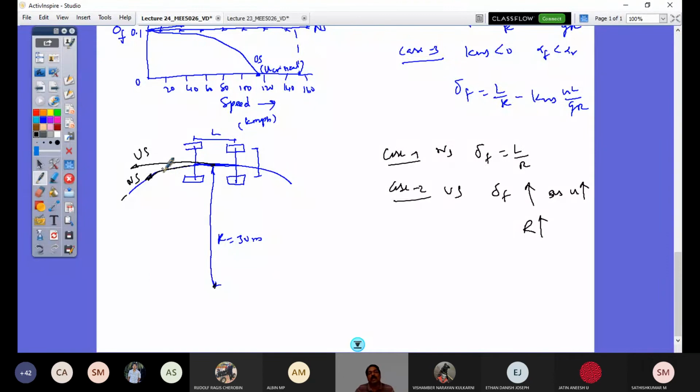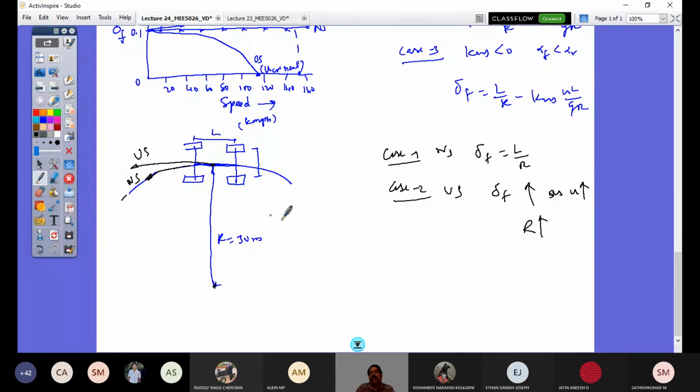Your test vehicle has to be tested on a 30-meter track, and your vehicle is an understeer vehicle. If you do not correct your steering and hold it as if it's a neutral steer effect, at 0.1 radians only, the vehicle radius keeps changing and it will go out of the track. That is what would physically happen if you observe your vehicle from the top view. So the steering has to be given so that it can always be brought into the curve.